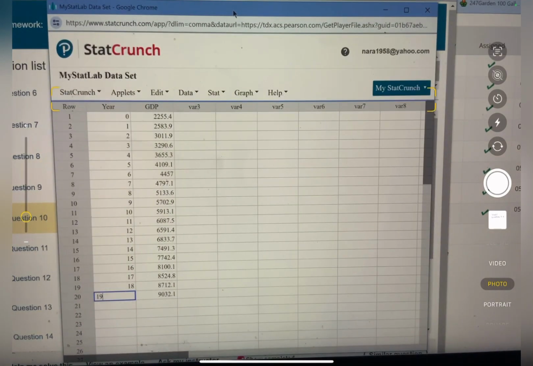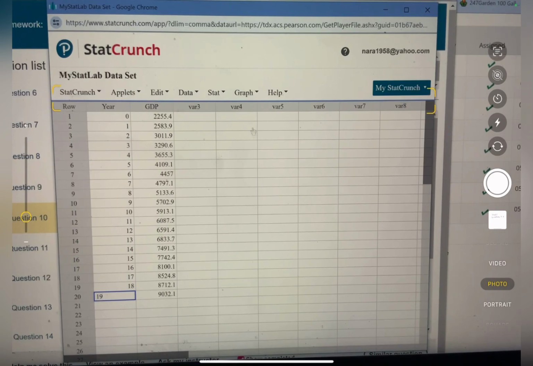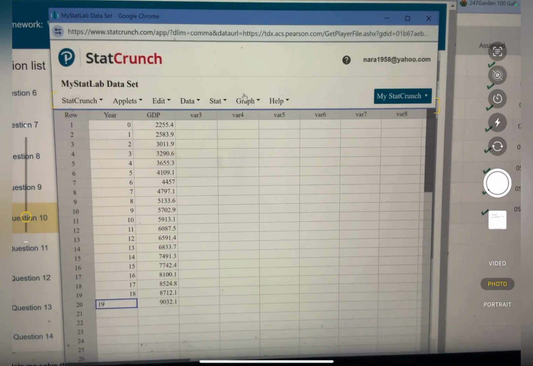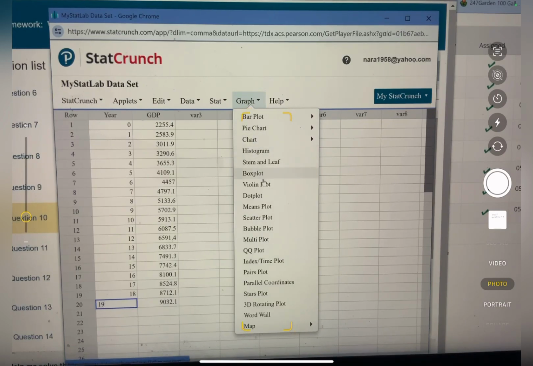All right. So okay, better brightness, going graph. Okay, chart, column.